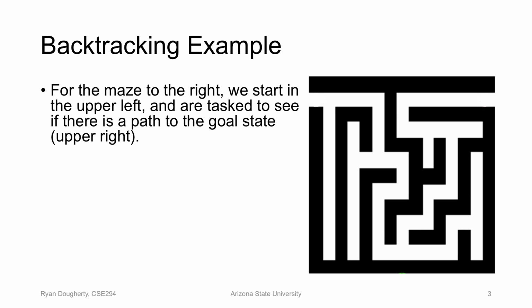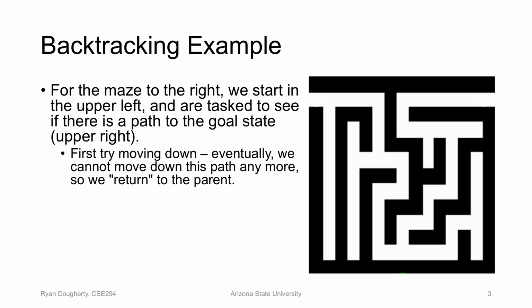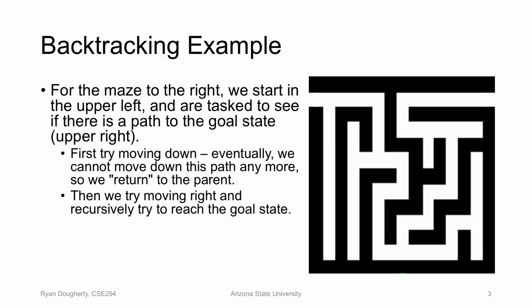And it says, well, going down was not the right way, because I didn't generate a solution. So I must try the next one, which is moving right here. Okay? Here, we first try moving down. Eventually, we'll get to a point where we can't go any further, so we return to the parent and then try the next option, which is right in this case. So we try moving right and recursively call until we get to the goal state.